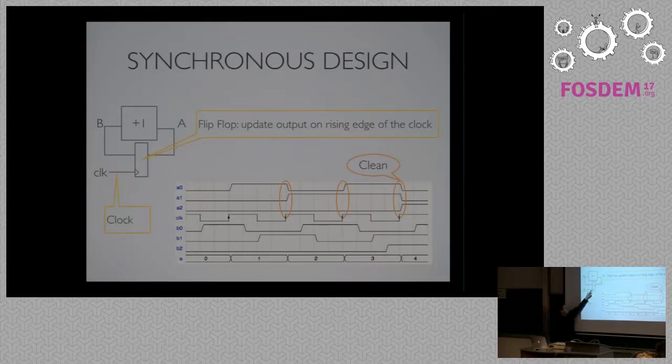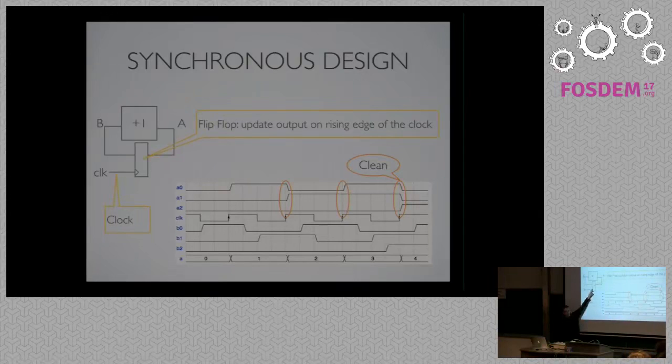This particular gate, which we call a flip-flop, will memorize the input and will reflect it only when the clock is active. So here, the input of the flip-flop will be reflected to the output just when the clock is active. Again, here the clock is active, the input is here and will be reflected on the output here.